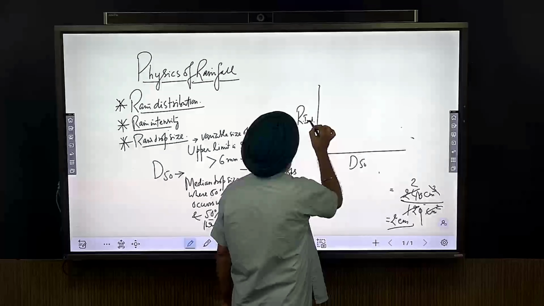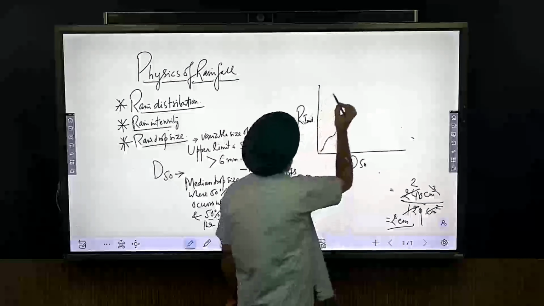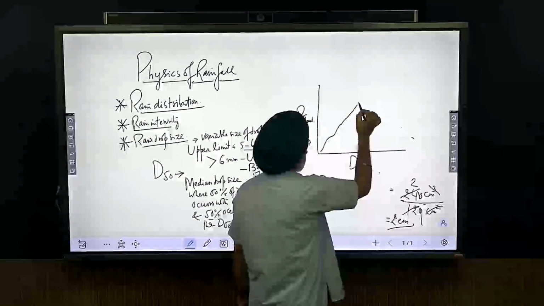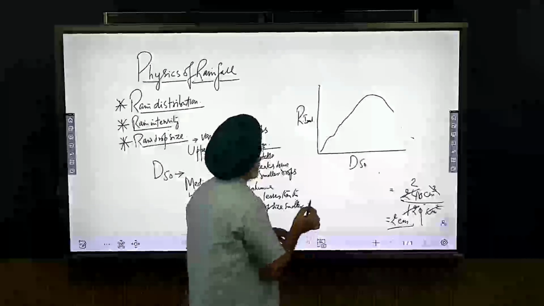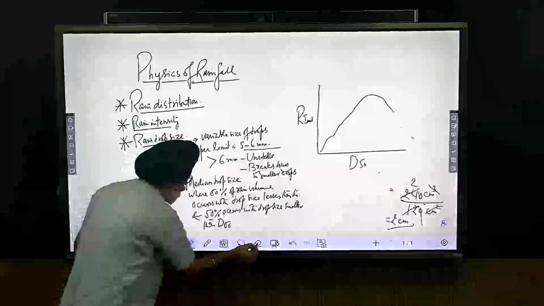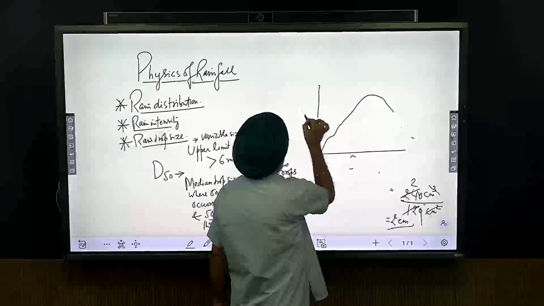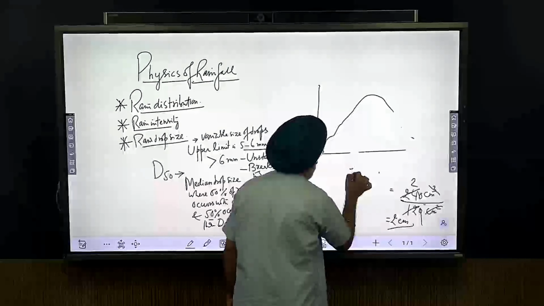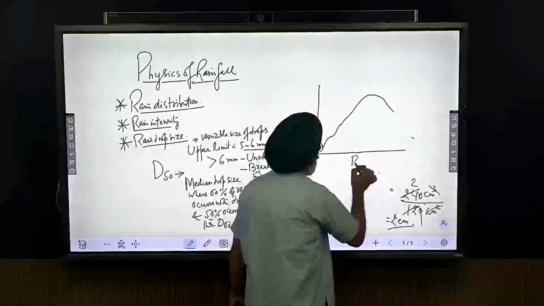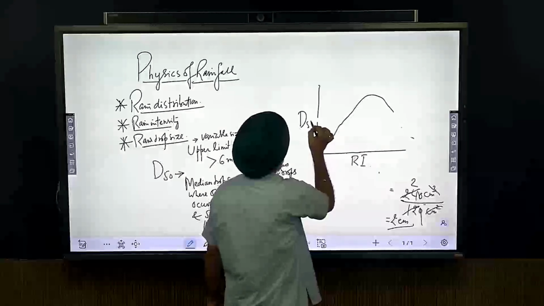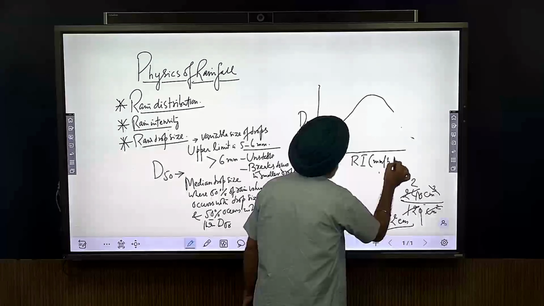How? For example, this is your rain intensity, in millimeter per hour, and this is D50, in millimeters.